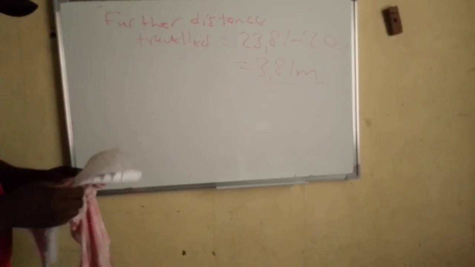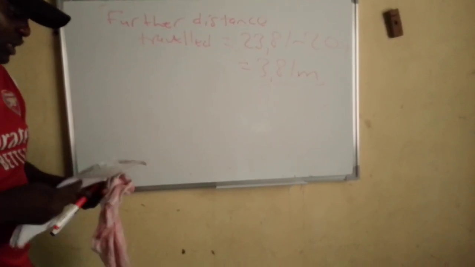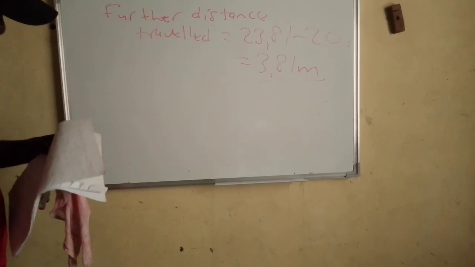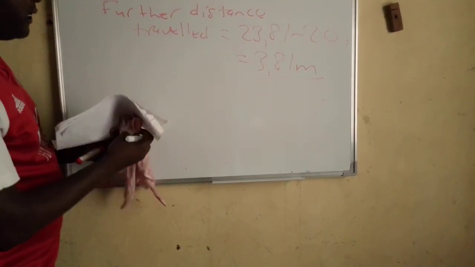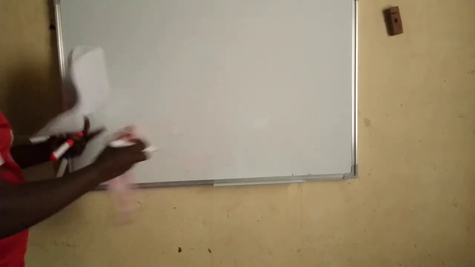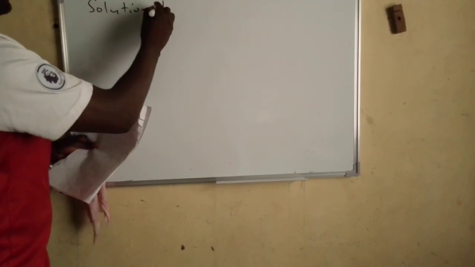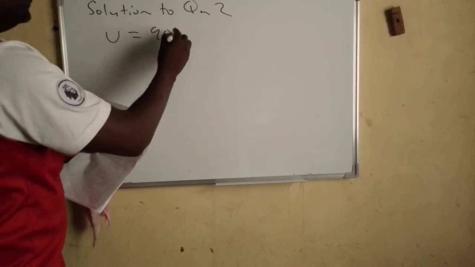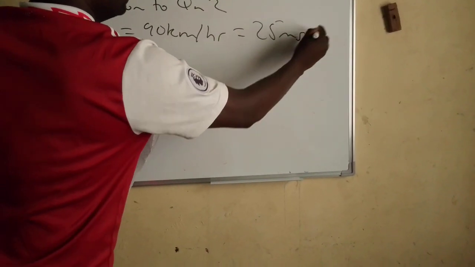Now we move on to the solution to question number 2. It says that a driver is driving at 90 kilometers per hour. So the initial speed of the driver is 90 kilometers per hour, which is 25 meters per second.